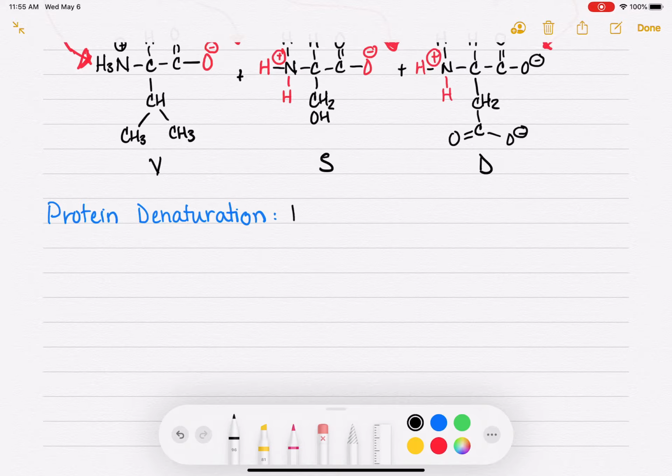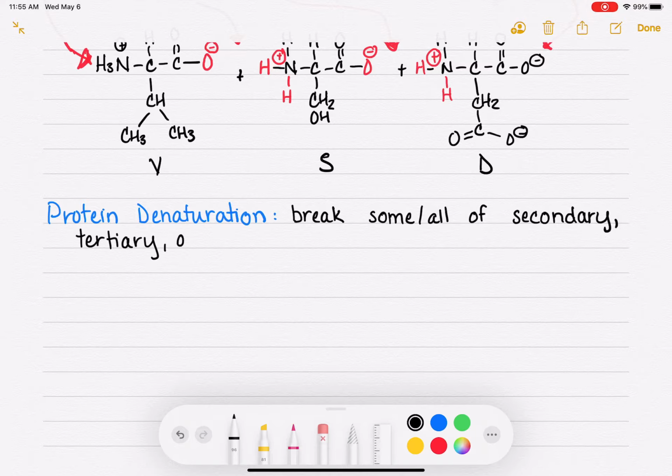So this is where our body is going to break some or maybe all of the secondary or tertiary or quaternary interactions within a protein.